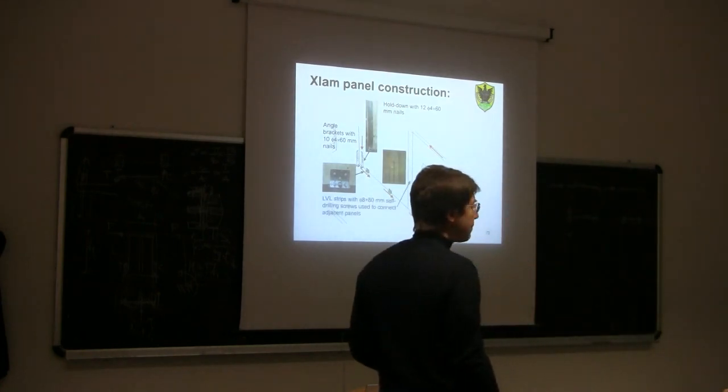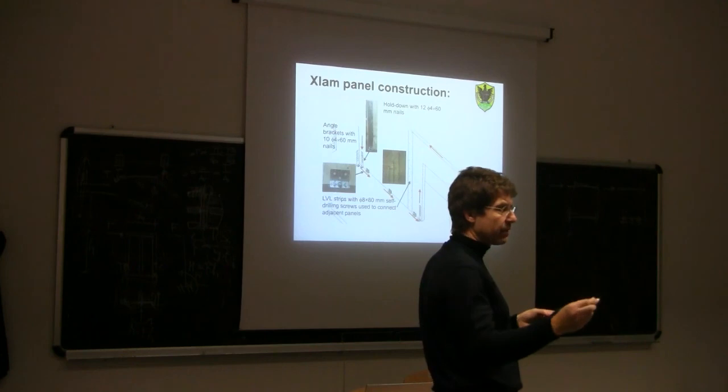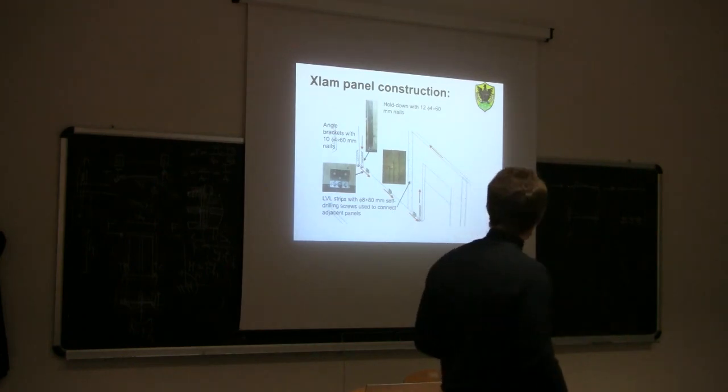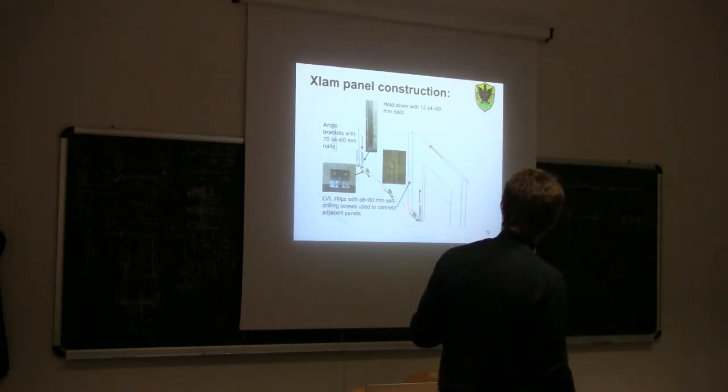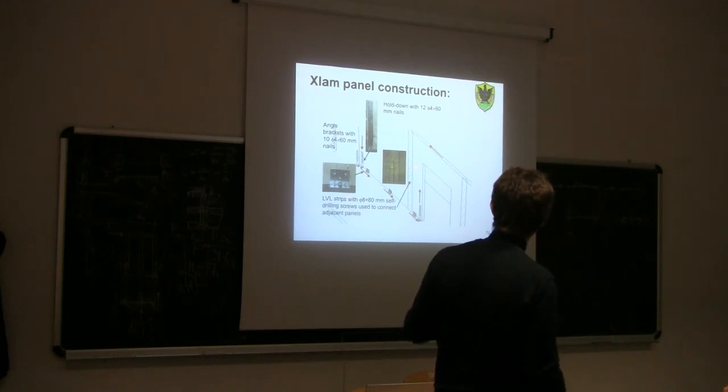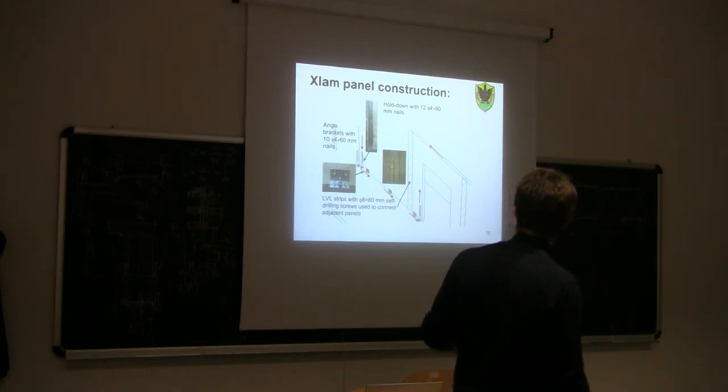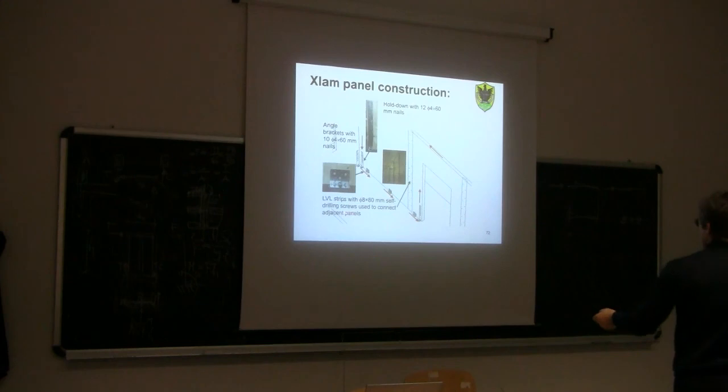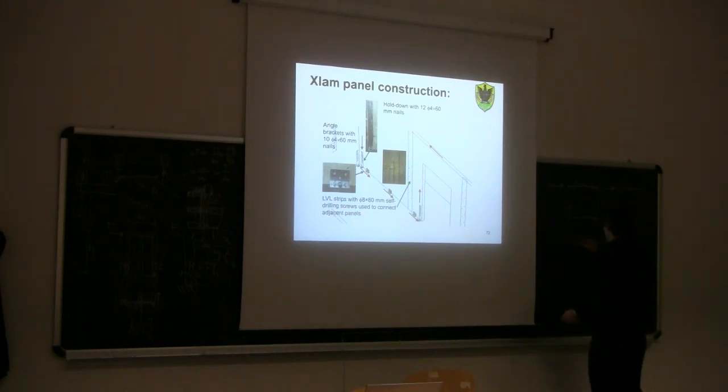And then, if the wall is made from different panels, because for example it's a longer wall, then we have to connect the walls together using this kind of joint. For example, this joint here we have some LVL strips. Looking down, the wall is carved in this way. So those are the two panels.